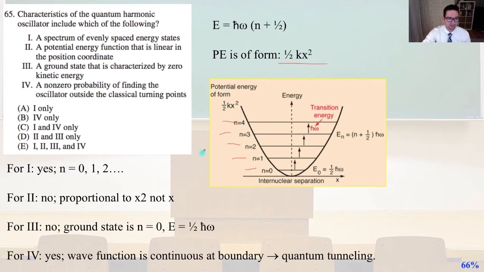For number 3, no, the ground state is n equals 0, which is E equals 1/2 h bar omega, and that would be down here. And for number 4, yes, the wave function is continuous at the boundary. That is our quantum tunneling. So for number 65, the answer would be only number 1 and number 4, and that is C.